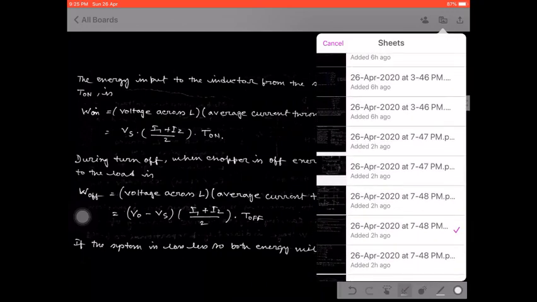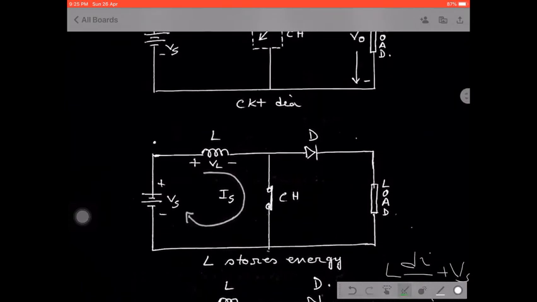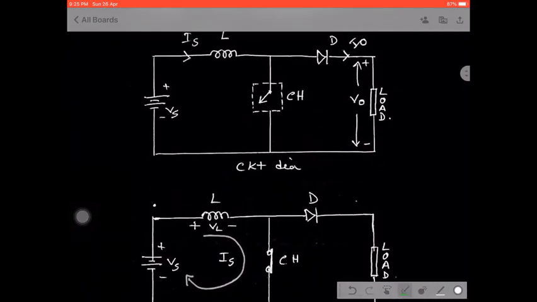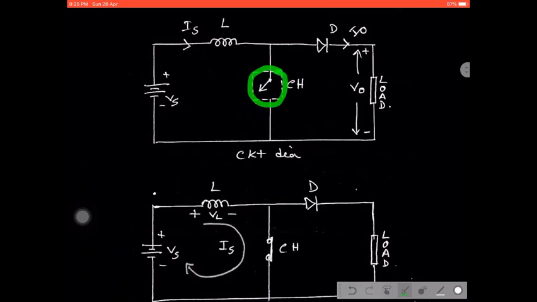Okay, this is the circuit. When the inductor starts storing energy during the on state, and then the switch is off, the inductor energy has been stored here. Then the switch was on during t on, the current gradually increases, which is defined by the waveform, that is del I.